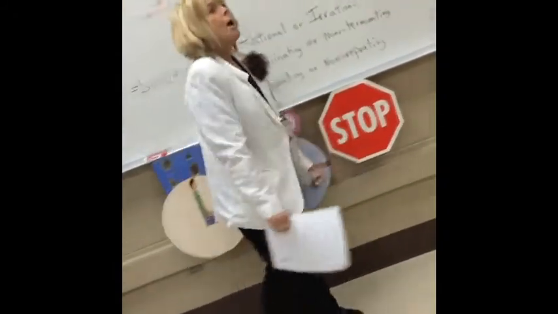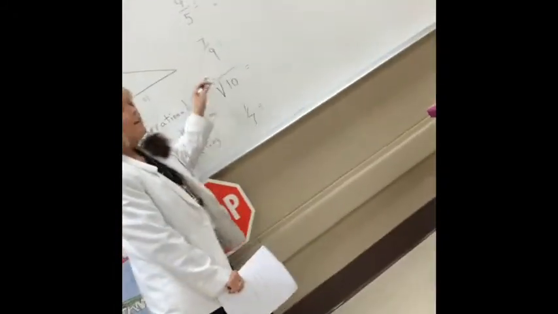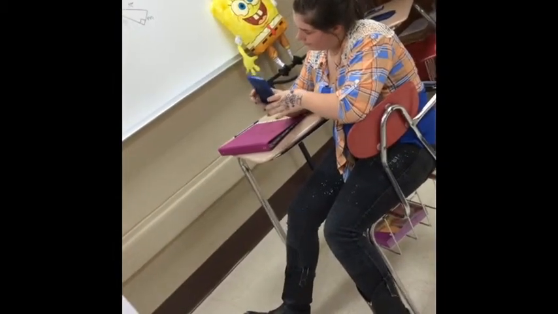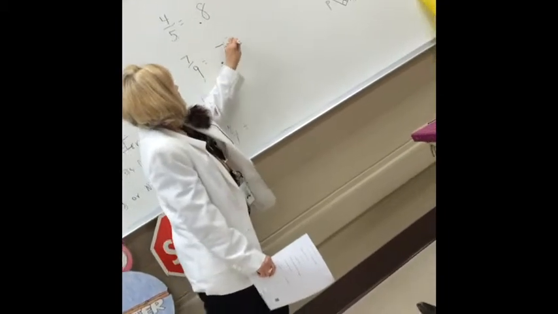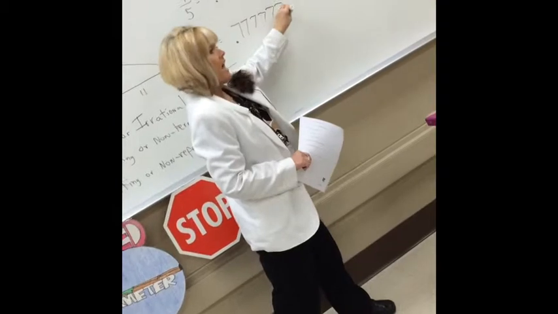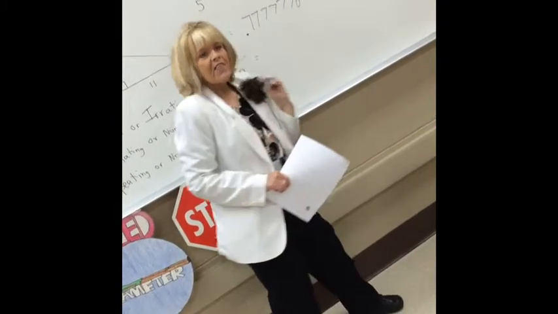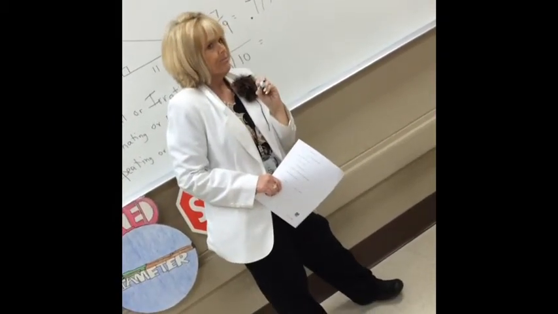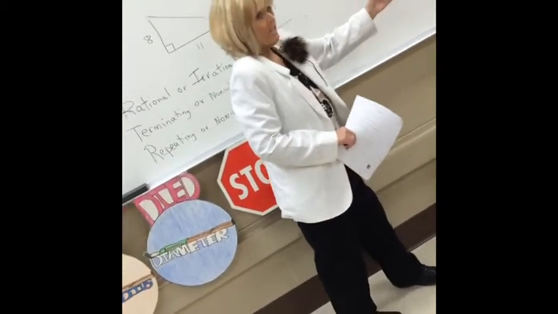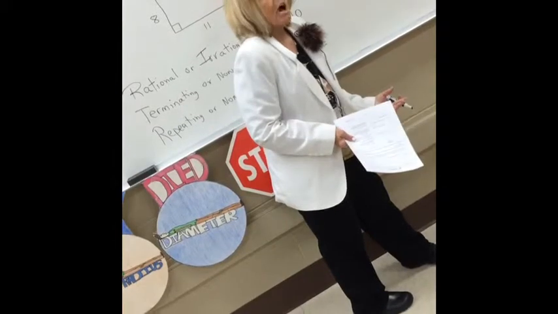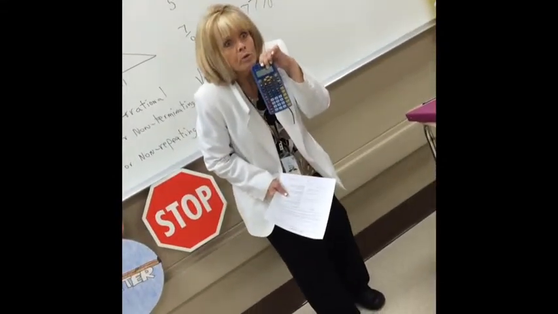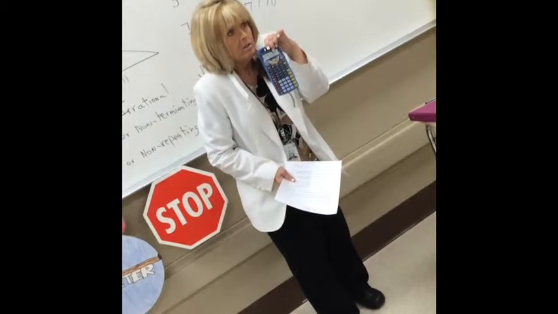Okay, now let's do the next one. Punch 7 divided by 9. What do you get? A bunch of 7s, and then an 8. Okay, that's what the calculator says. But in actuality, it goes forever. It's 7, 7, 7, 7, 7, 7, 7. Why did it stop and put an 8 on the end? Because there's no more spaces. It ran out of spaces, so it had to stop.